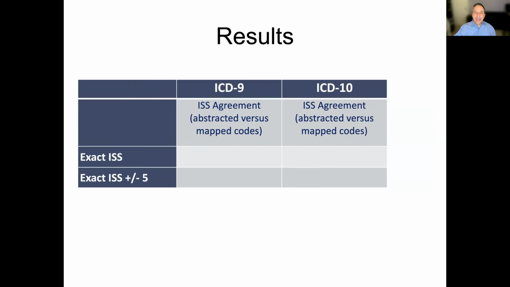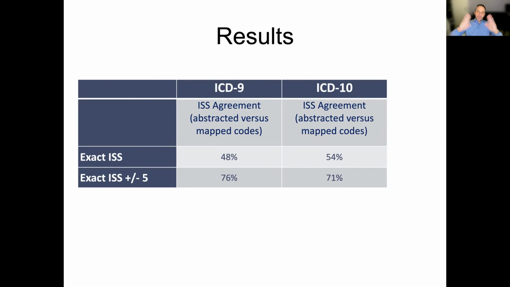Then we wanted to look at exact ISS agreement. So that's the composite injury severity score, for ICD-9 and ICD-10. And we see that exact ISS agreement is about 50% in each sample.